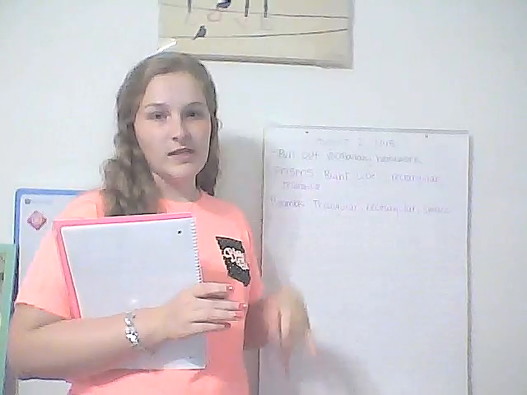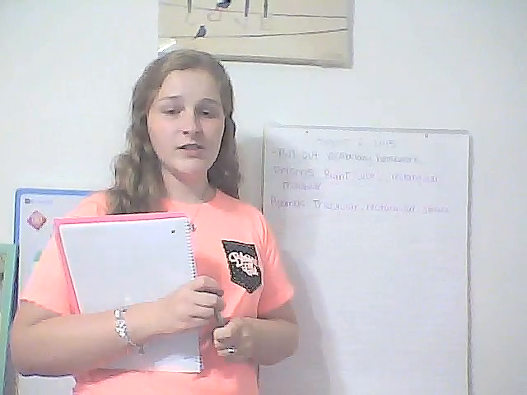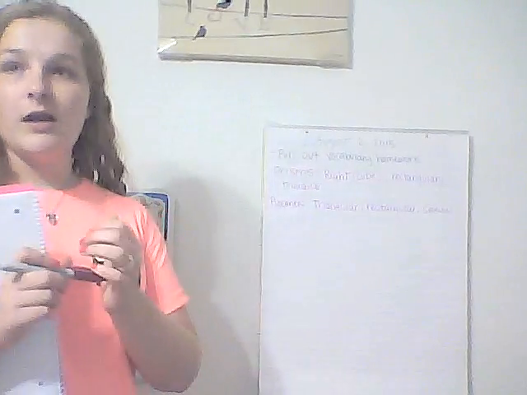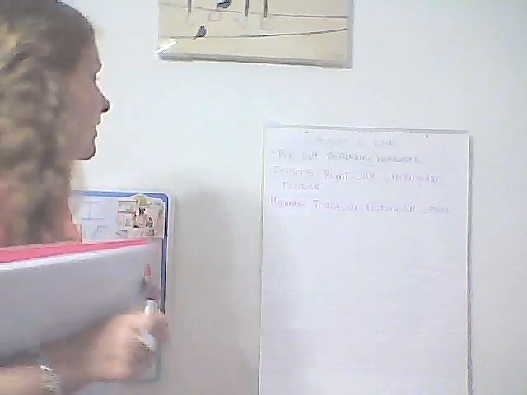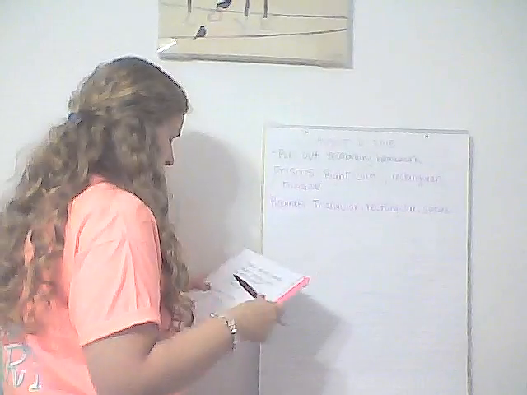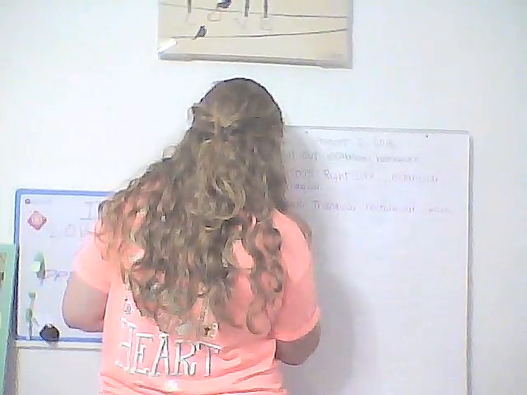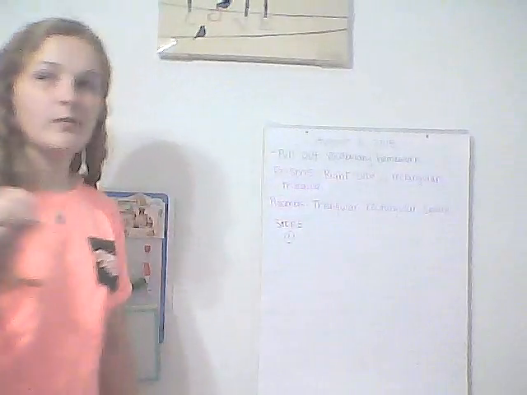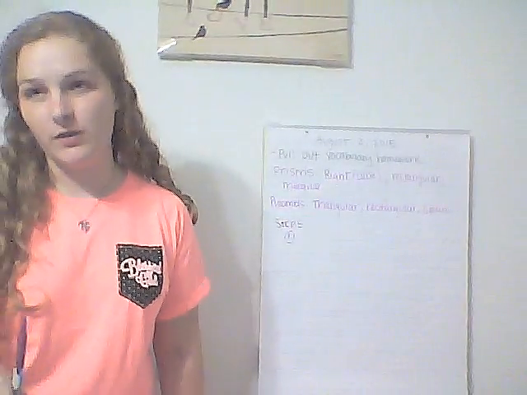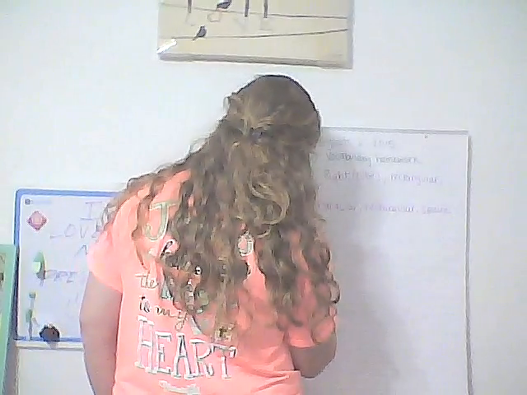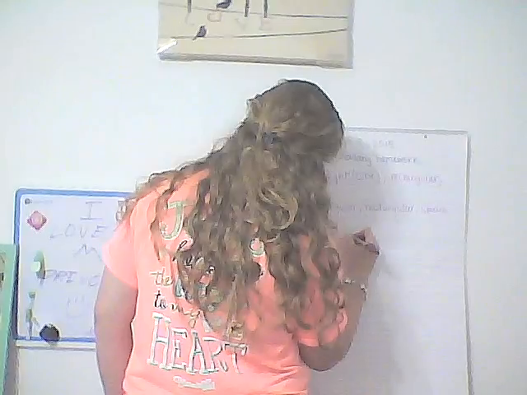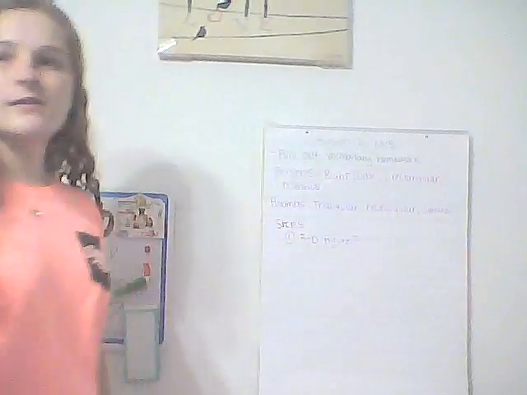Okay, now what we're going to focus on today is identifying what types of prisms or pyramids based off of figures that we see. Now, there's certain steps that we need to do in order to identify these shapes. Get out a blank sheet of paper, please, and write these down. Okay, first step, we need to make sure that we're working with a 3D figure. So is this shape a 3D figure?